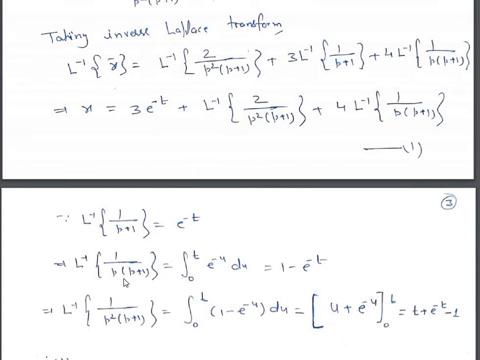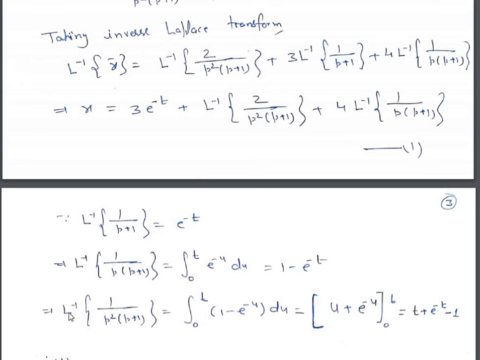So therefore L inverse of 1 upon p into p plus 1 is integral 0 to t e to the power minus u, capital F of u is e to the power minus u du, which is 1 minus e to the power minus t.